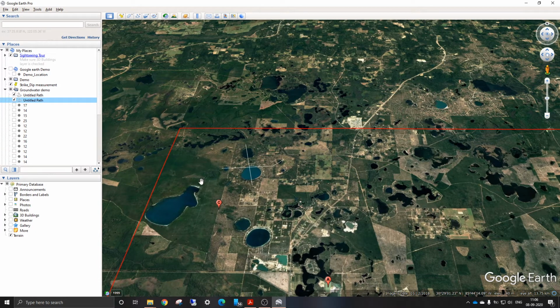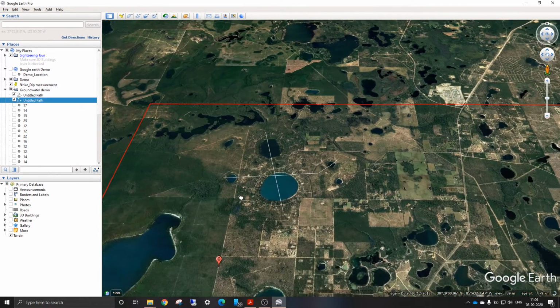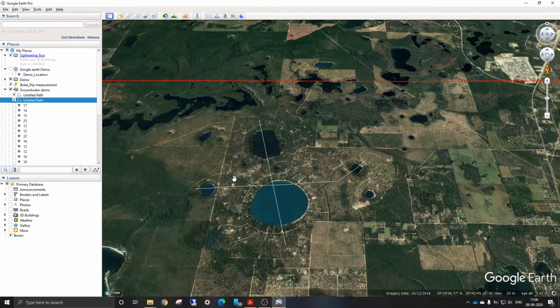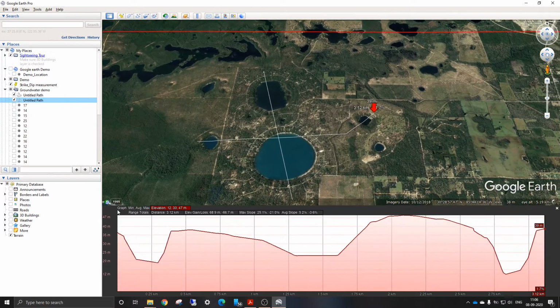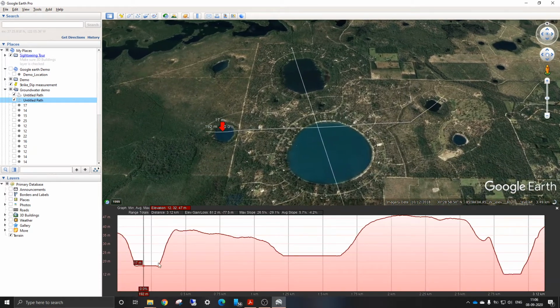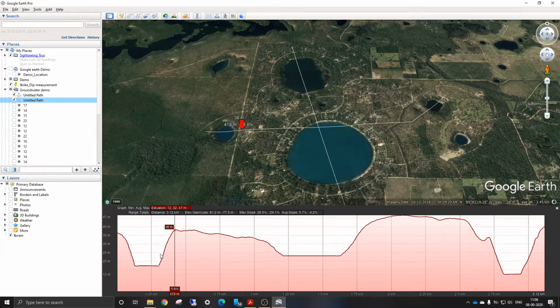Let us see another profile. I have drawn two profiles here, as you can see. So let us see the elevation profile. Here, as you can see, this is a very steep slope across the bank of this water body, so this is indicative of a sinkhole.